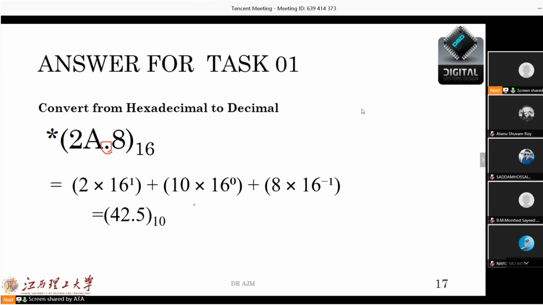Another one is A, and A is equal to 10. 10 multiplied by 16 power 0. Okay. 8 multiplied by 16 to minus how much? 1. Good. Now if you do this calculation, it becomes 42.5 in base 10.